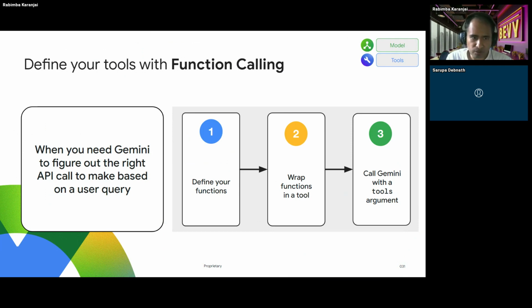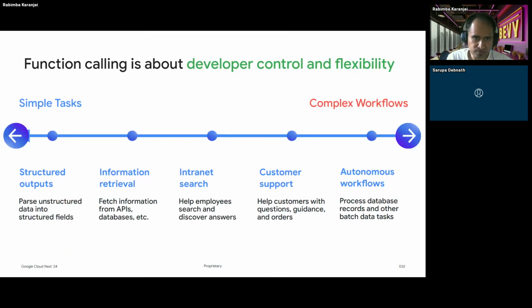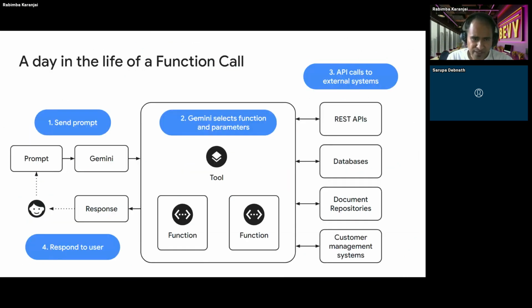As we saw, you can use them to make it more performant. So it's mostly about developer control and flexibility. Very simple tasks we can already do using just prompting. But if you want a complex workflow, a workflow that is deterministic, then you might want to look at function calling.